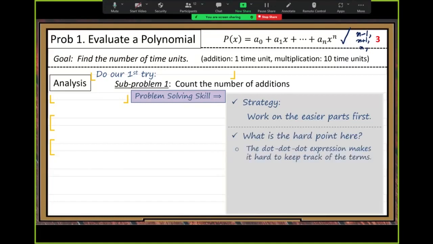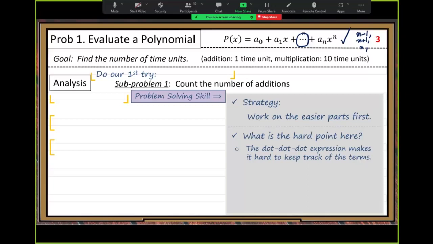The reason I ask you to make a guess, the hard part is, you see this expression, right? So we skip many terms in order to write the expression in a compact way. We skip many terms.